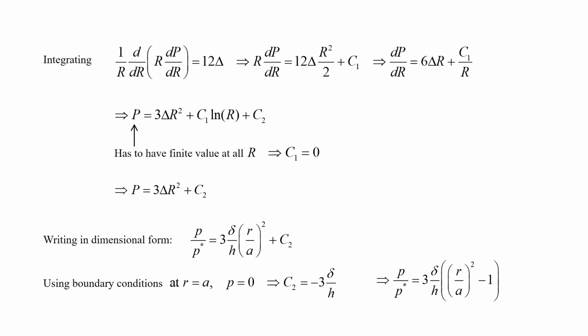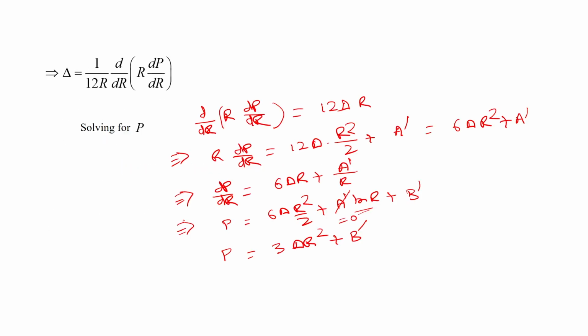So, at r is equal to a, p should be equal to 0, and from there we will get, p by p star is mu by epsilon. I have already written it like that, and it will be equal to C 2, is equal to minus 3 into delta by h. So, here where I wrote b dash, let me write it C 2 here, because otherwise it will create confusion in your mind. So, it is the same thing.